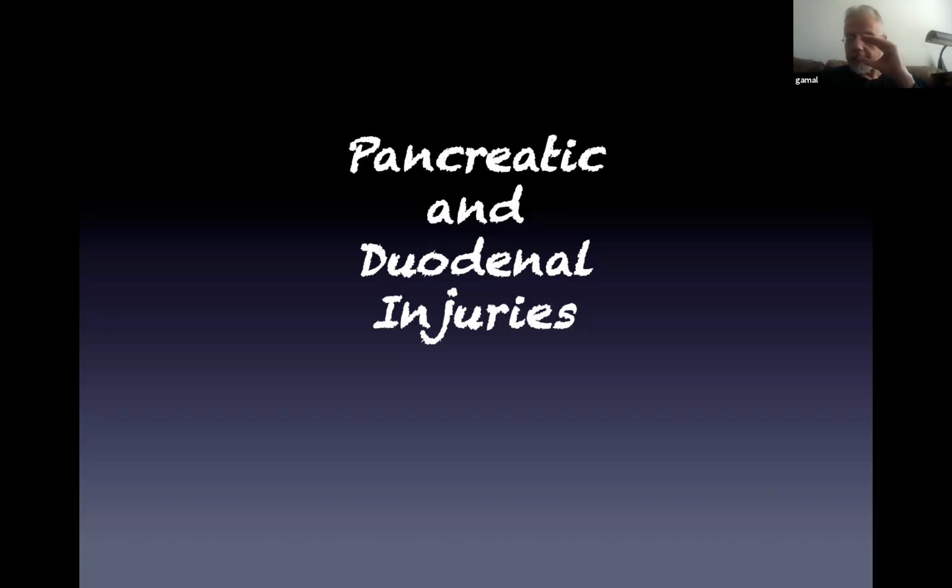But in the early phase of evaluation, these two structures do not give us major, striking clinical features that would help us direct our attention to their injury.